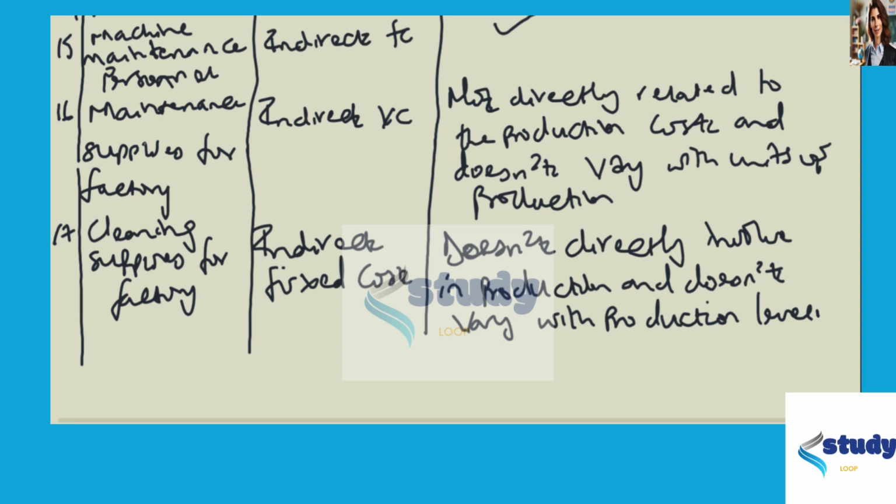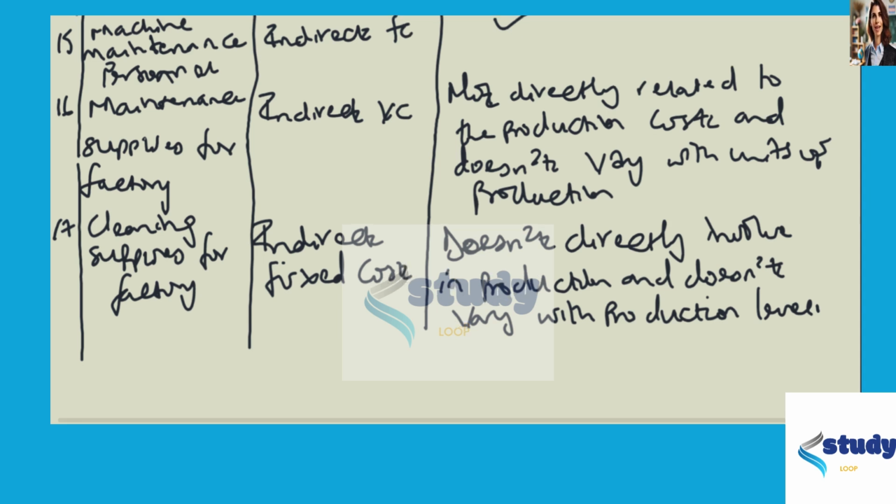So this is what it should look like. However, if the material handlers and machinists are running the mixing machine and are paid on an hourly basis, they would be indirect variable costs.